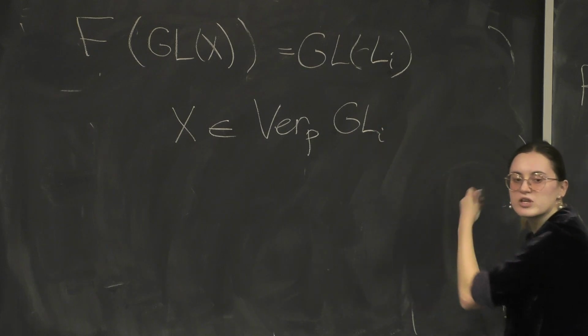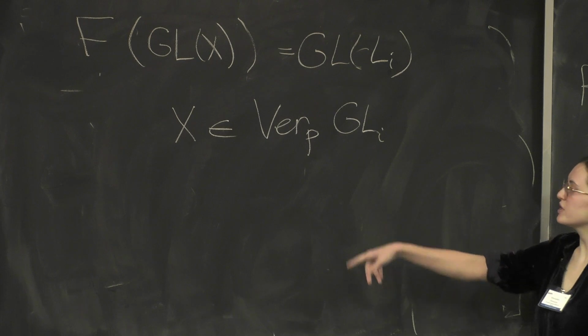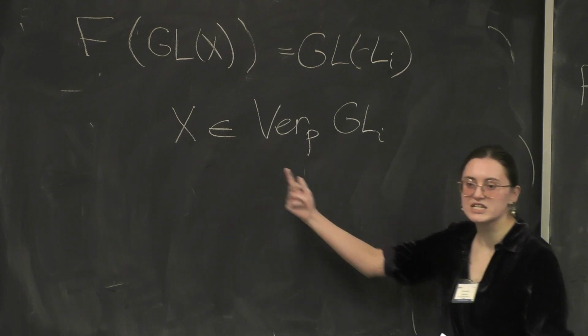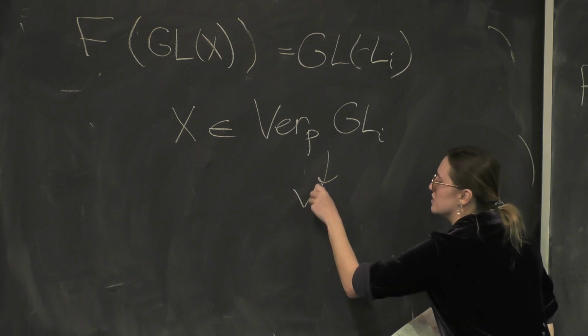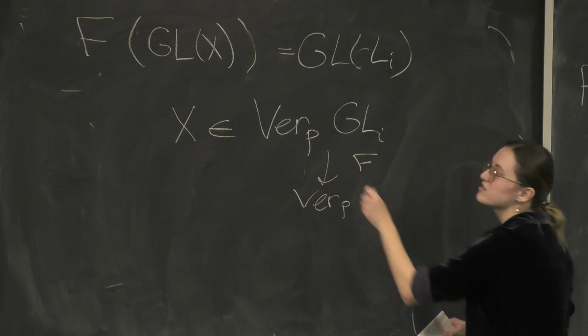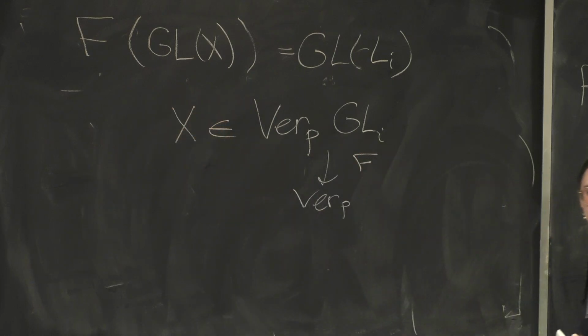So we can look at Verlinde P of GLI, the semi-simplification of tiltings for GLI. We can look at this tautological representation, and there is a fiber functor F to Verlinde P here, and so this turns out to be precisely the image of this F, of this GL of X.